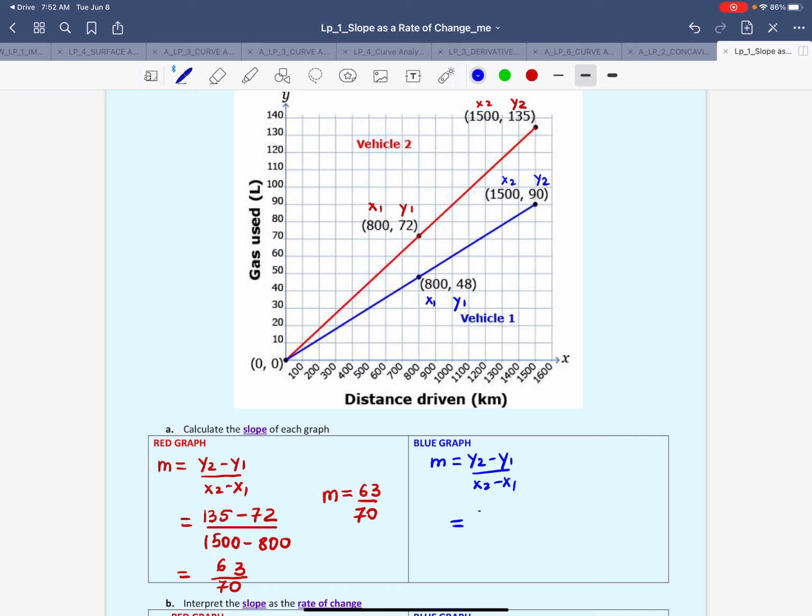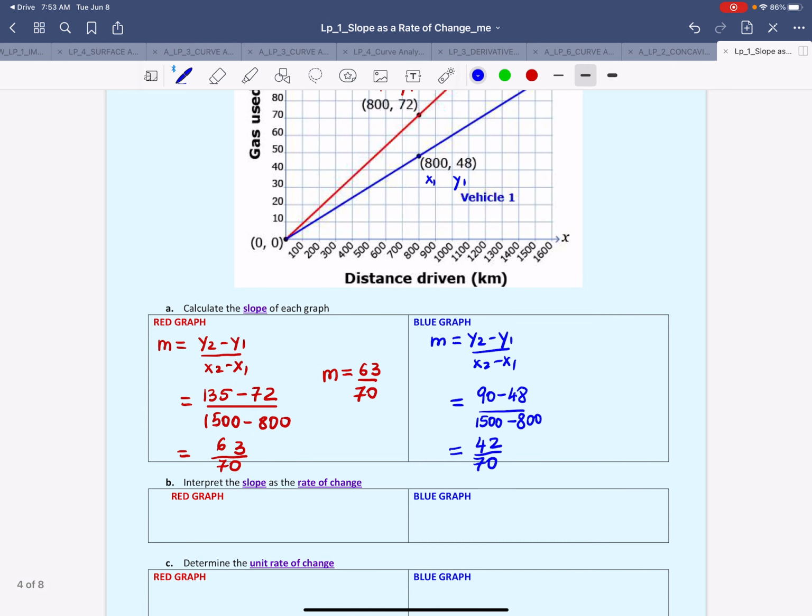So y2 is 90 and y1 is 48, divided by 1500 minus 800. As you can see, we have found the rate of change of y values over the same interval in x values of 1500 minus 800. Now 90 minus 48, think 90 minus 50, 40, but with a 2. So that's 42 over 70.